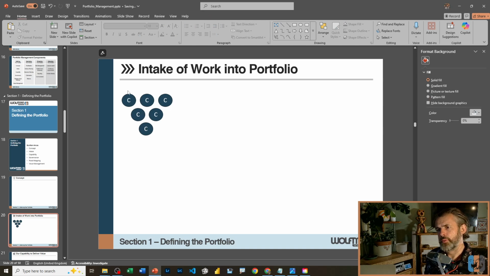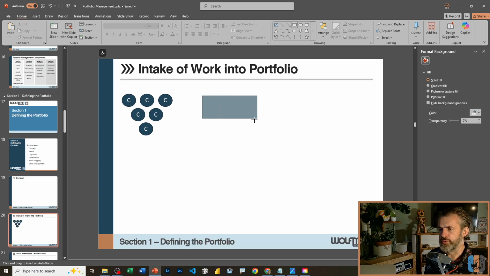A group of people have come up with these different items, and we've got a fixed amount of resource that we can utilize at any one time to deliver against these.